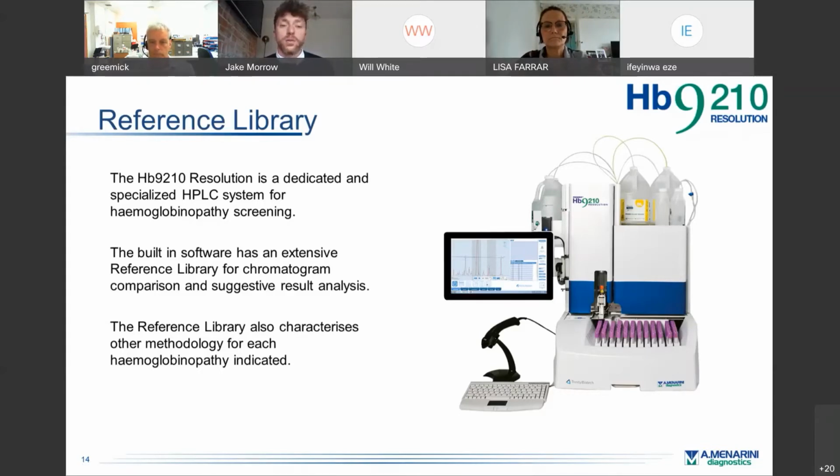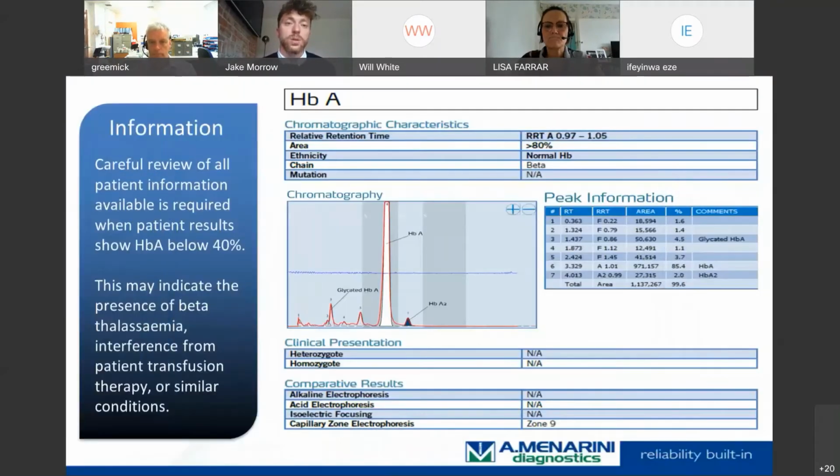At the moment, there are over 150 hemoglobinopathies described within this variant library. So I've got a few slides here that show you the type of thing you will see in this variant library.